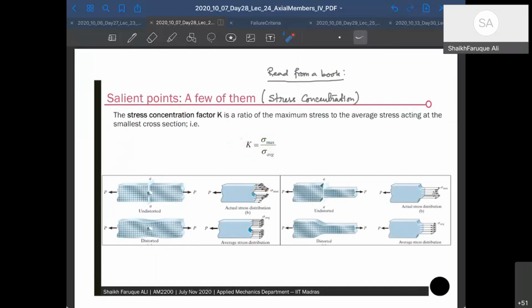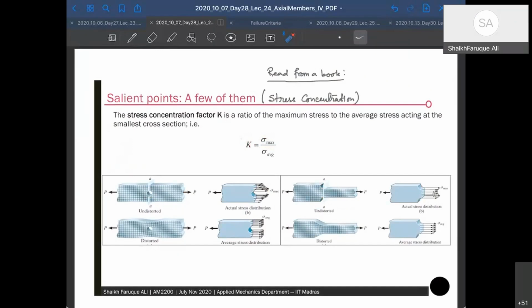Okay. All right. So what does this stress concentration factor depend on? As you have already understood, when there is a change in geometry or when there is a hole, a stress concentration comes in. So stress concentration depends on the change of the geometry, or on the hole, probably the radius of the hole. So that's also a geometrical factor.